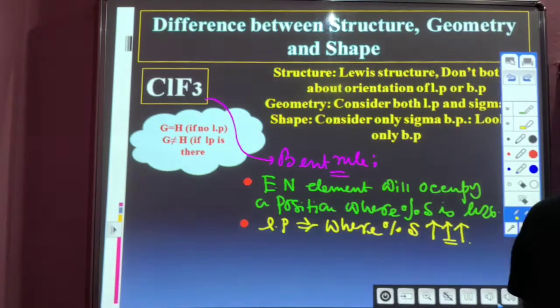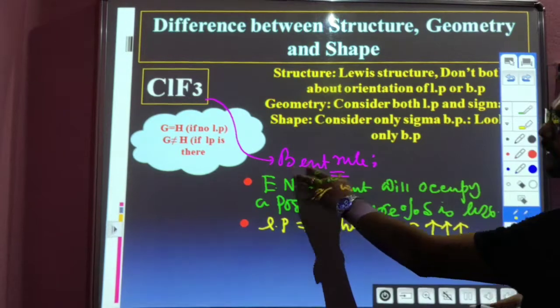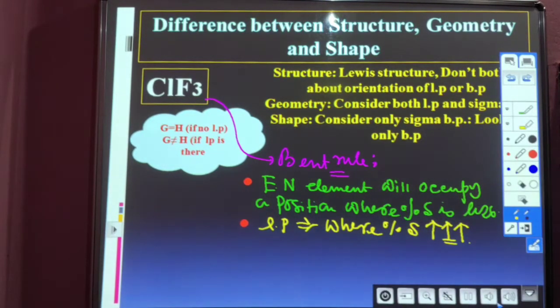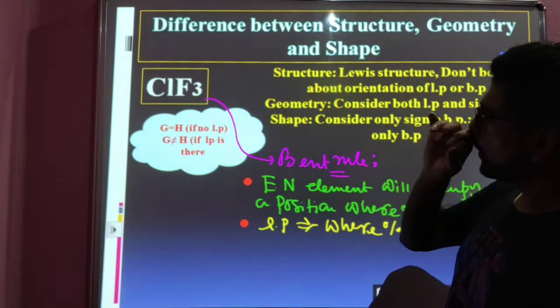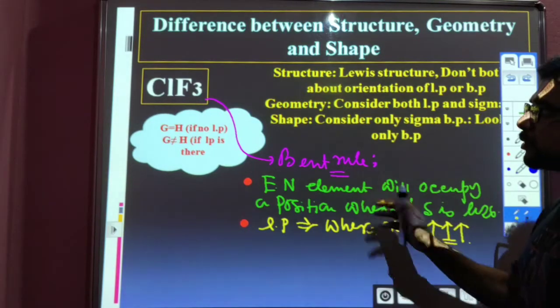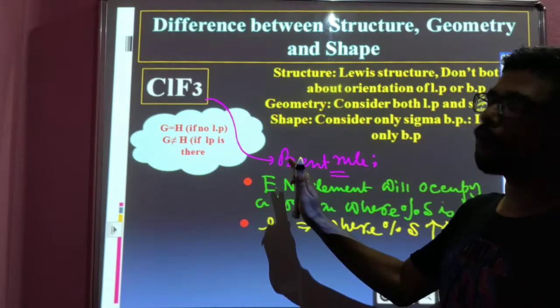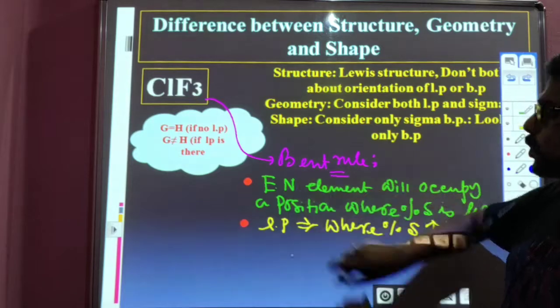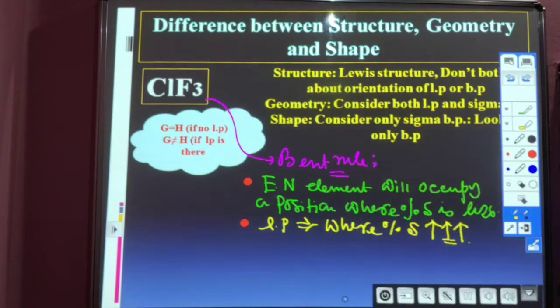Clear? The Bent rule I will discuss in a separate lecture. Now we only see where the lone pair is and where the bond pair is, based on these two rules. This is basically the Bent rule.